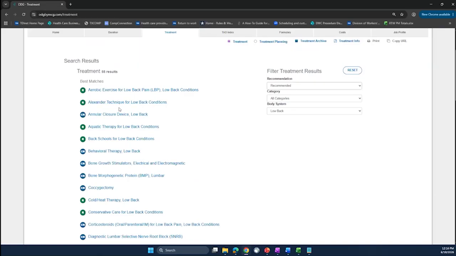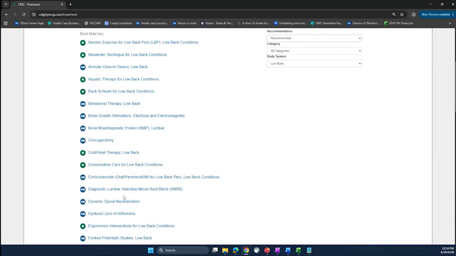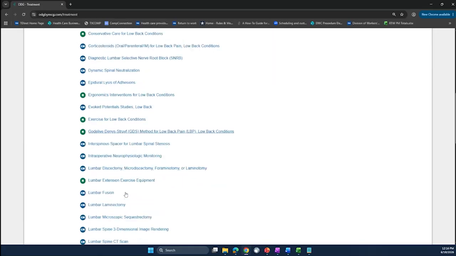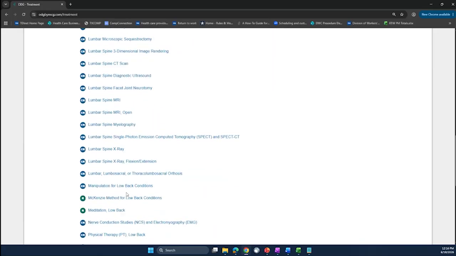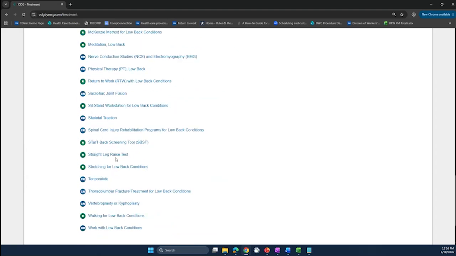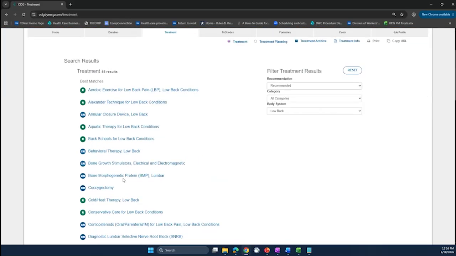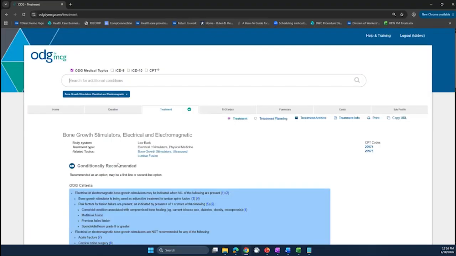But one thing that I do want to show you while we're in here is if you go in and look for, let's see here, where did I want to go? Bone growth stimulator, for instance.